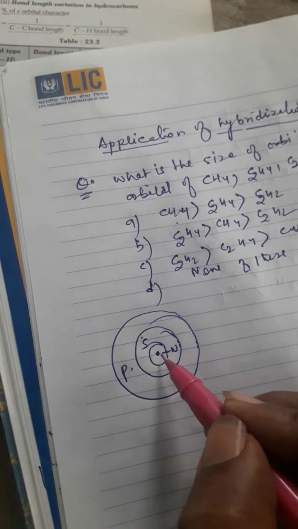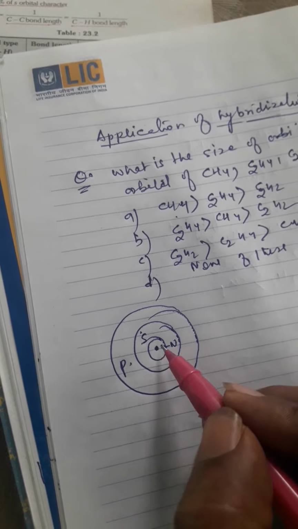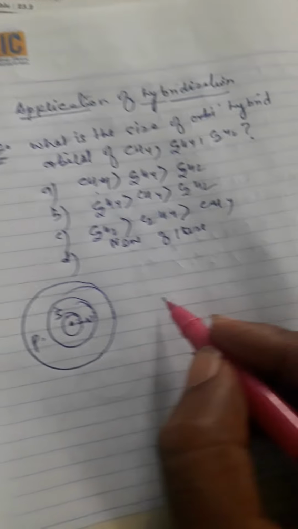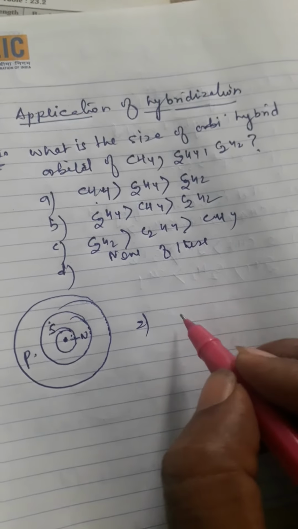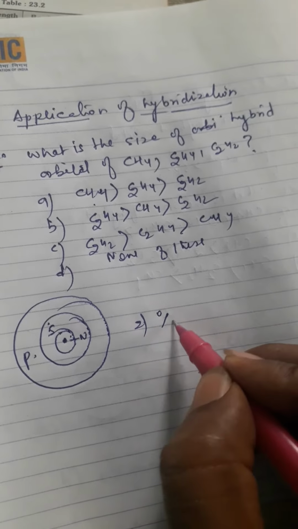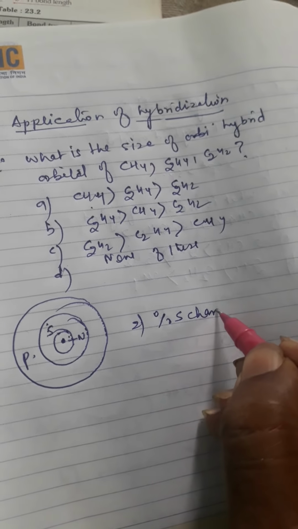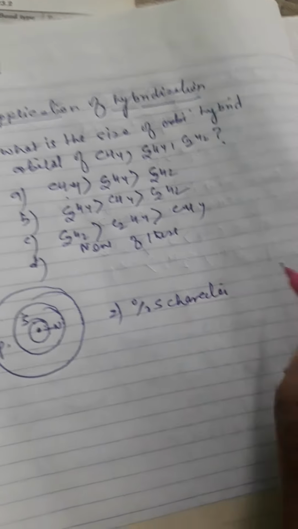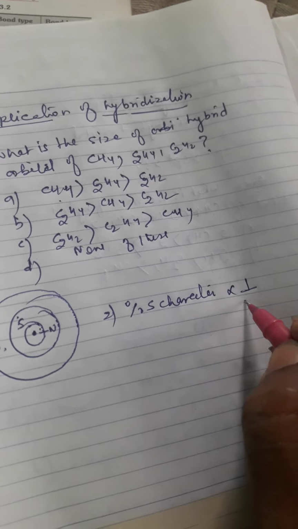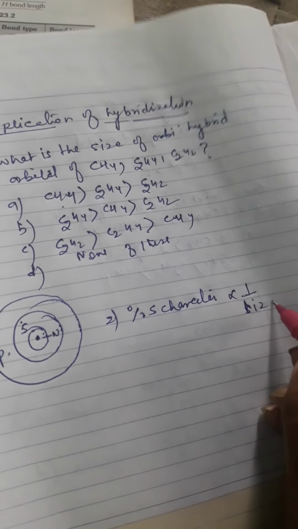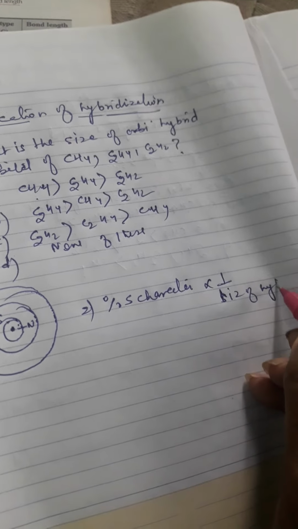S orbital means the attraction between nucleus and s orbital is much more. So the percentage of s character is inversely proportional to the size of hybrid orbital.